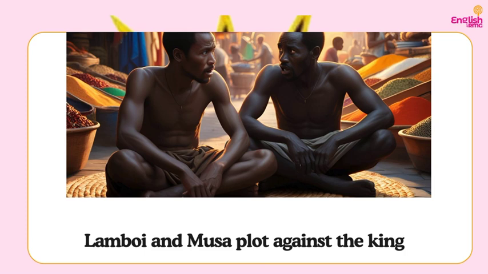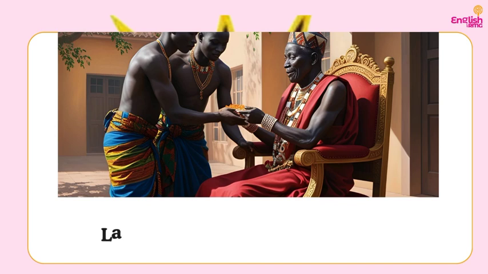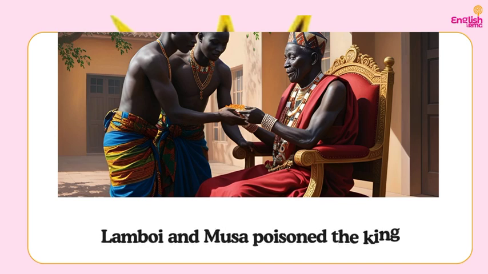At first, Musa was hesitant, but Lamboy blackmailed him with something Musa had done in the past, killing somebody for his ritual, so Musa had no other choice than to what? To comply. So Lamboy and Musa poisoned Chief Baya in the absence of Madame Yoko after the governor had left.